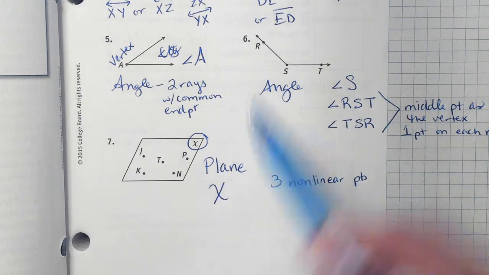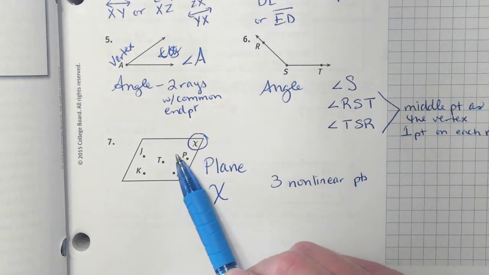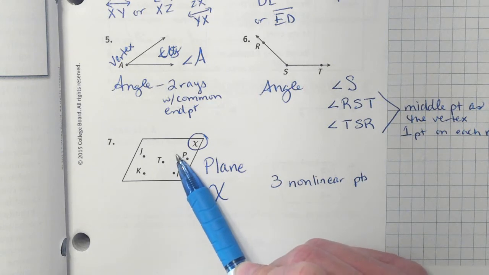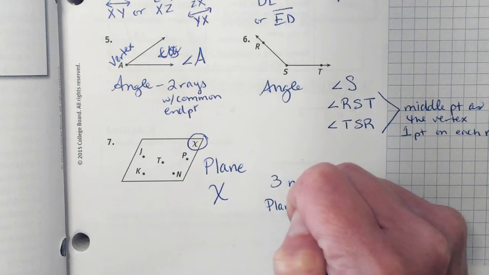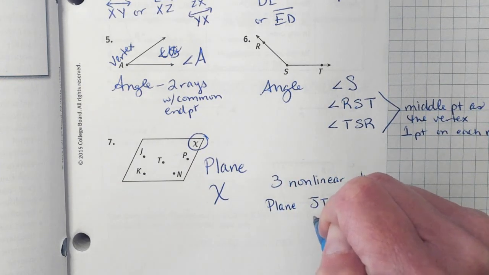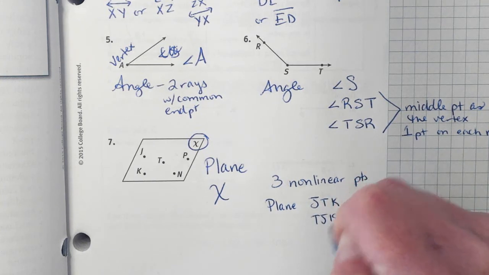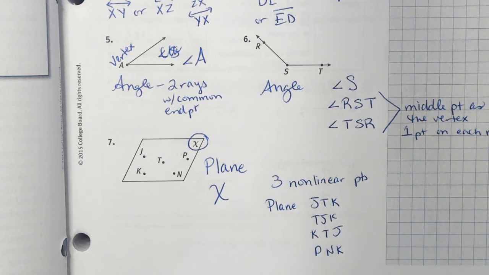So I wouldn't want to take any 3 points that all lined up, because then you don't know if I'm talking about the plane or I'm talking about a line. So we could say that this is plane JTK or TJK or KTJ or PNK. Good Lord, I'm not going to do them all because holy cow, there's a lot.